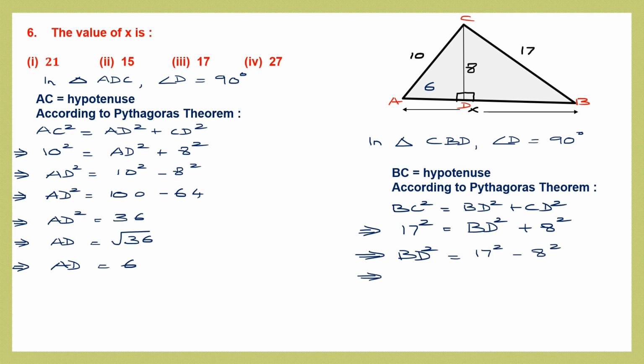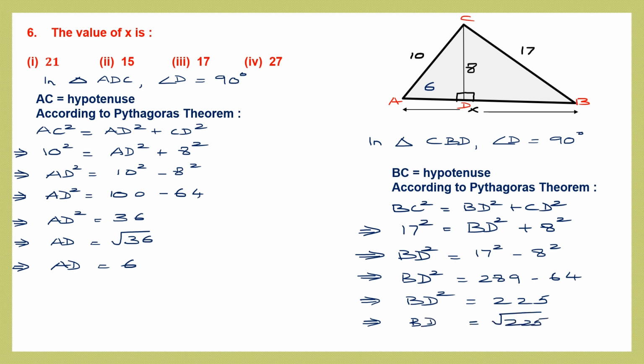Now 17 square is 289 minus 8 square is 64. So now BD square is equal to 225. That means we know the value of BD. BD is equal to the square root of 225, which is 15. So BD is equal to 15.